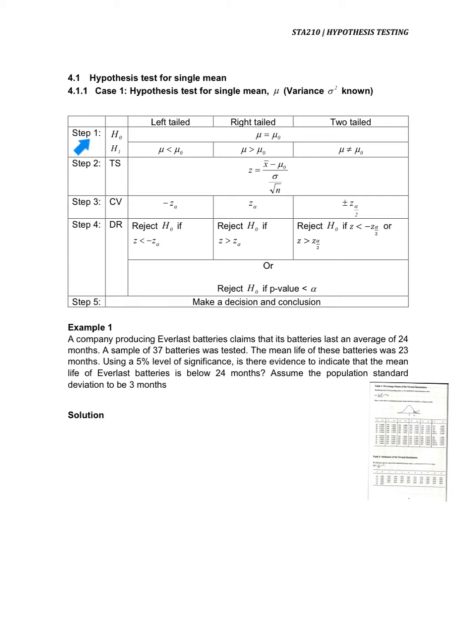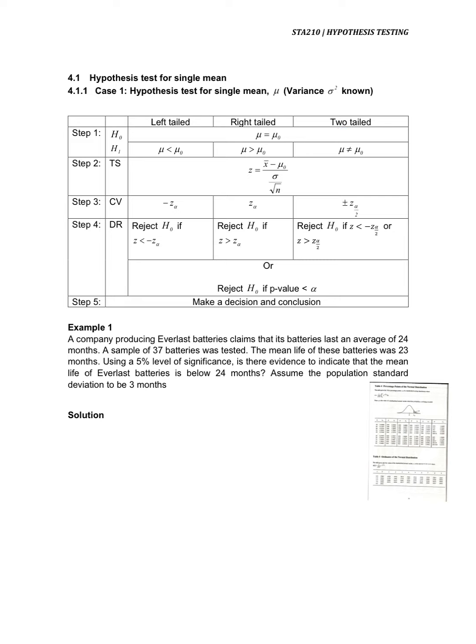The first step is that you need to state your H0 and H1, your null hypothesis and your alternative hypothesis. Before that, there are 3 kinds of hypothesis that can be developed: either left tail, right tail, or two tail.